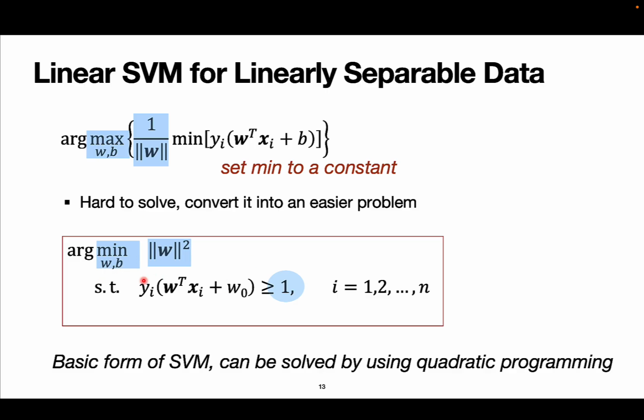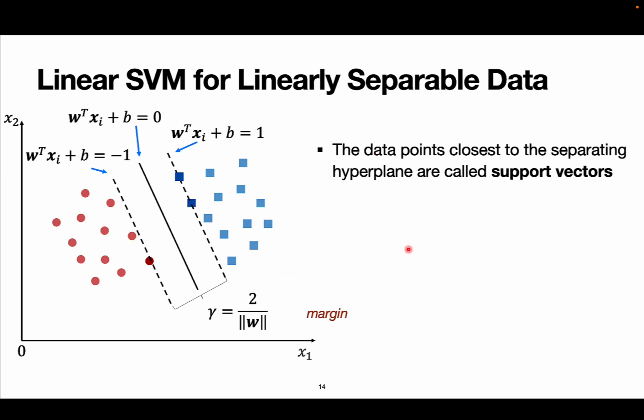And once we do that, the final formulation becomes finding argmin over w, b of the norm of w squared, subject to yi f(xi) greater than or equal to 1. What we have here is a constrained optimization problem where we can use a quadratic program to solve it and get the model parameters that we need.